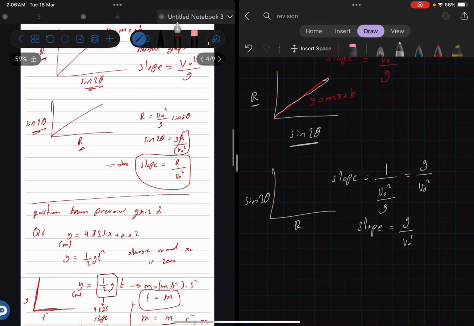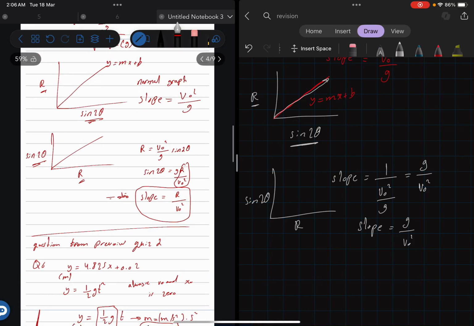Let us say he gave us y as sine 2 theta and x as R. The slope will be, this is not correct, okay, the slope will be g over v naught squared, because we take R and sine 2 theta as constants.